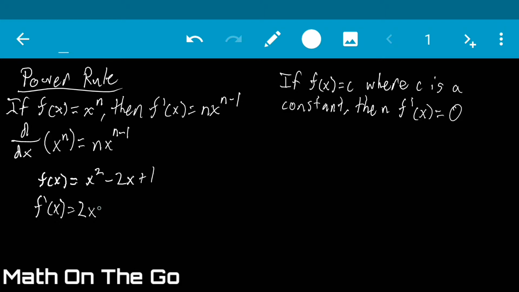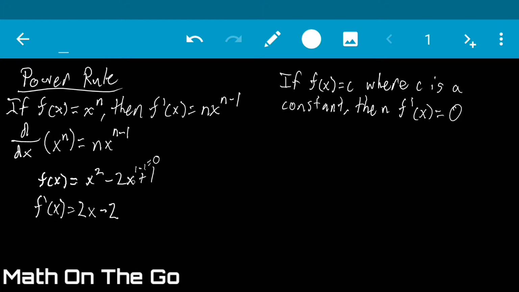So we have 2x minus, again, we have a 1 here. Bring that out front, multiply it by the 2, which is just 2. And then subtract that 1, which gives us 0.